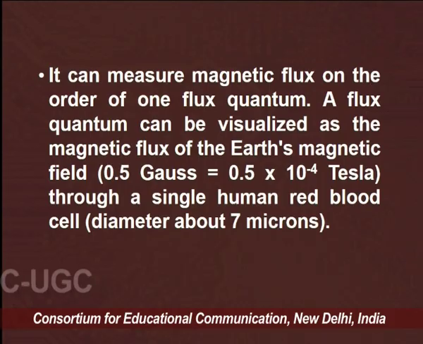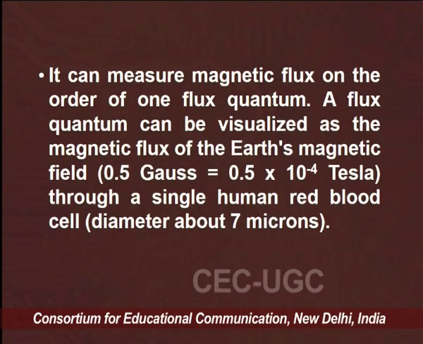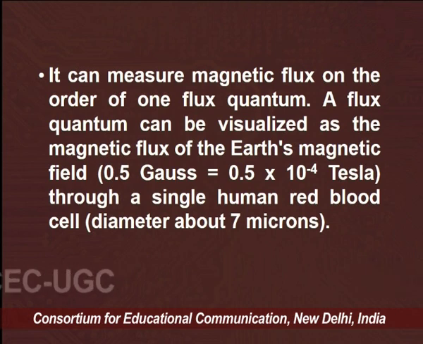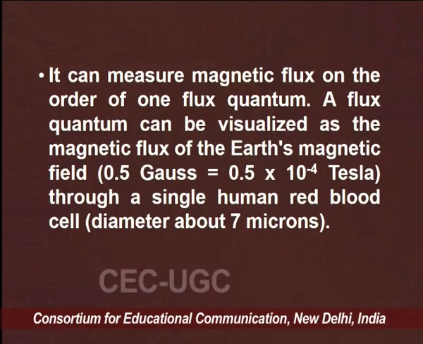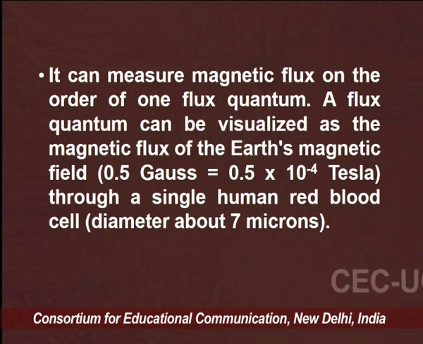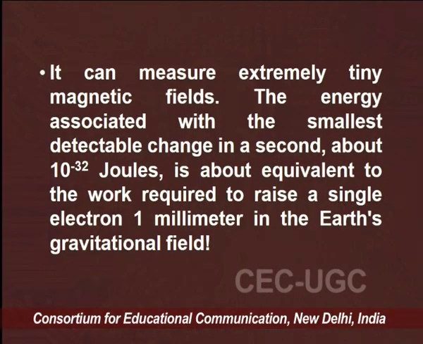A flux quantum can be visualized as the magnetic flux of the Earth's magnetic field, which is 0.5 Gauss, or 0.5 times 10^-4 Tesla, through a single human red blood cell having a diameter of about 7 microns. So it can measure extremely tiny magnetic fields.